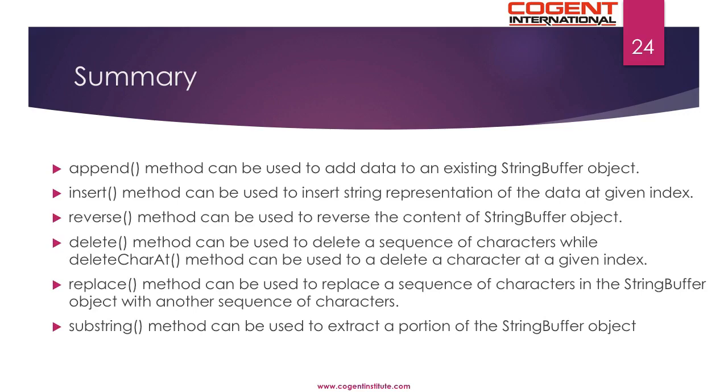The reverse method can be used to reverse the contents of the StringBuffer object. The delete method can be used to delete a sequence of characters, while the deleteCharAt method can be used to delete a character at the given index. The replace method can be used to replace a sequence of characters in the StringBuffer object with another sequence of characters. And the substring method can be used to extract a portion of the StringBuffer object.